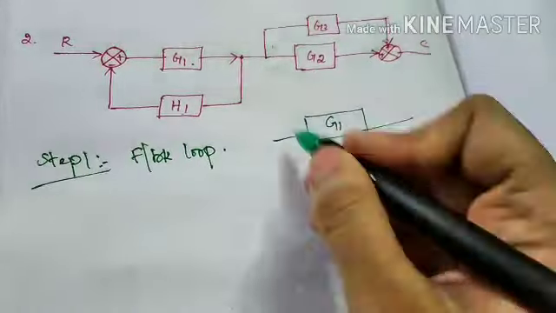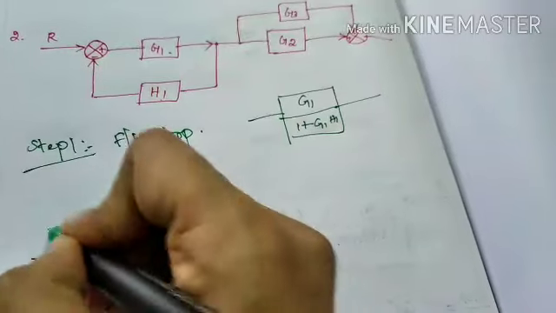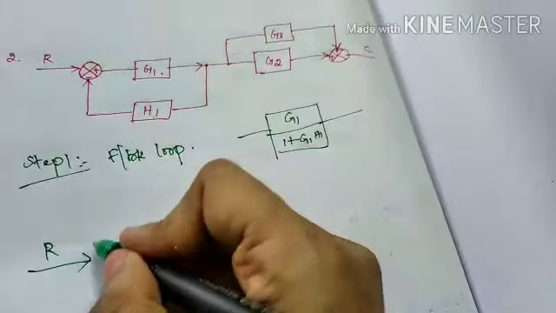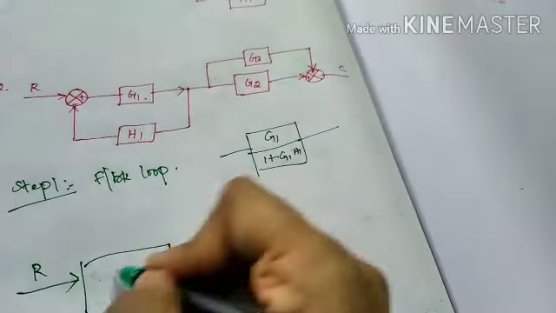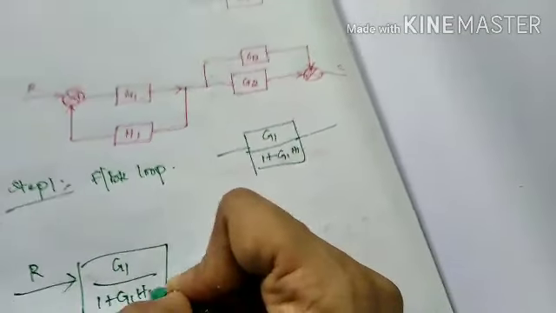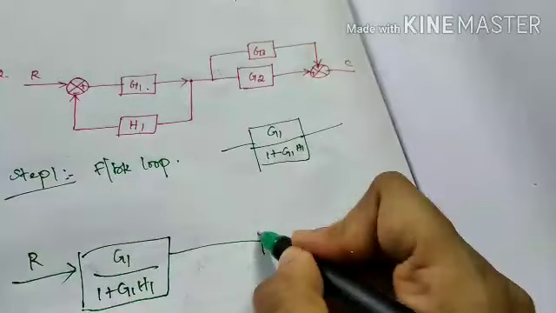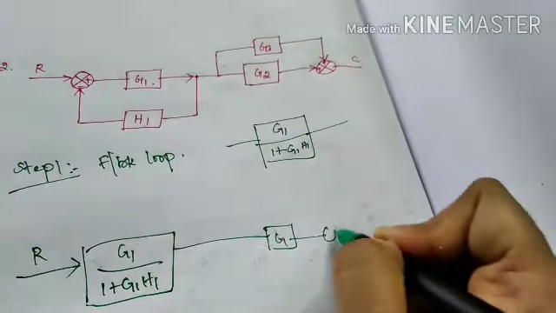Now we need to replace this block with this block diagram. So R into G1 by 1 plus G1 H1 into, see here, this block G2 and one summer over here.